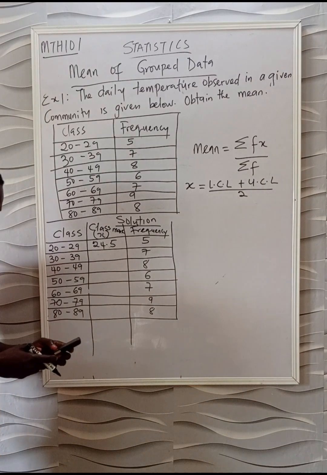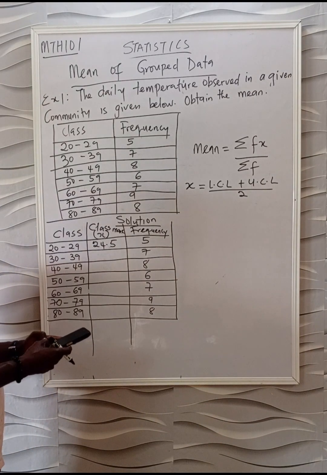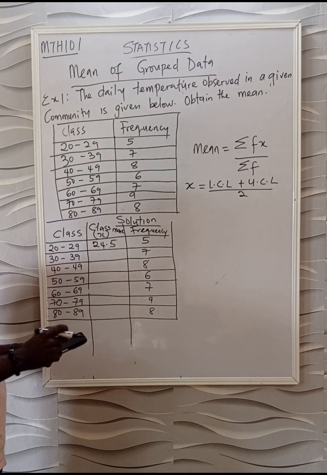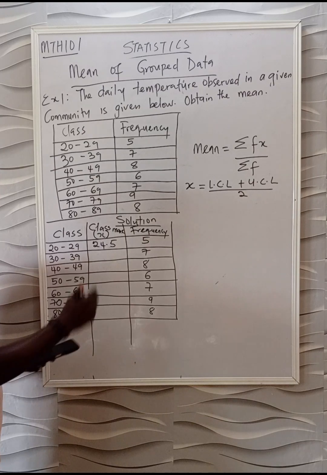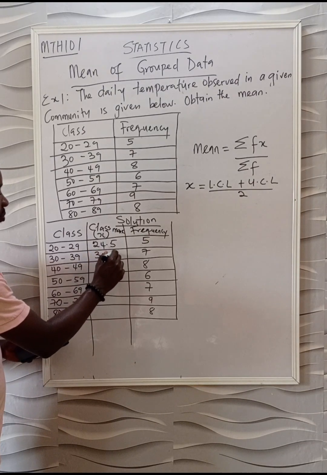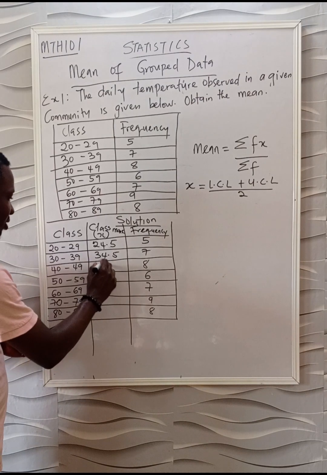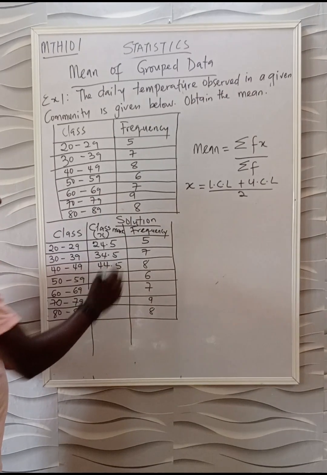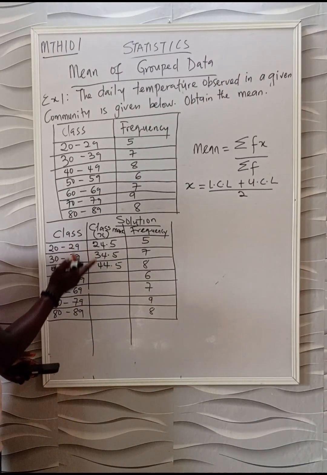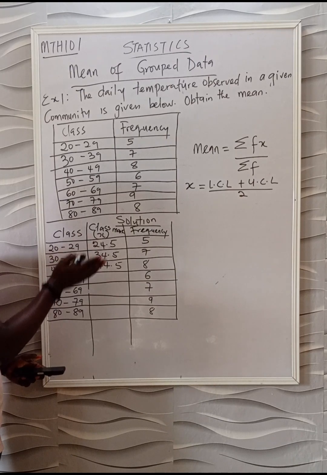Let's do the next one. We have 30 plus 39 will give us 69, divided by 2, that's 34.5. Let's do the next one. We have 40 plus 49, that's 89, divided by 2 gives us 44.5. So you discover that it's a kind of sequence, an addition of 10, 10, 10.